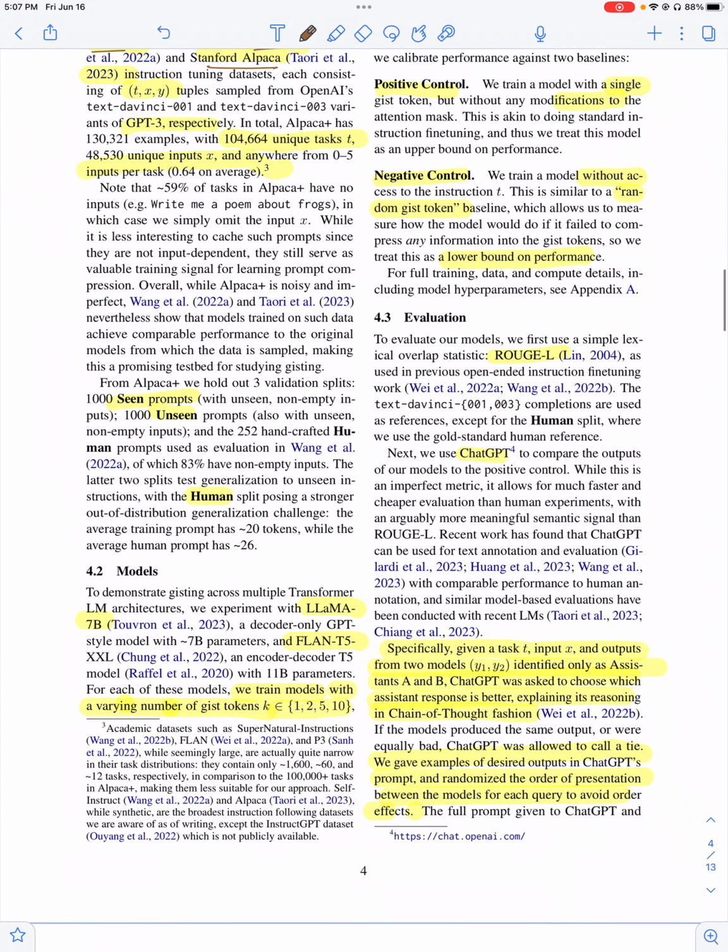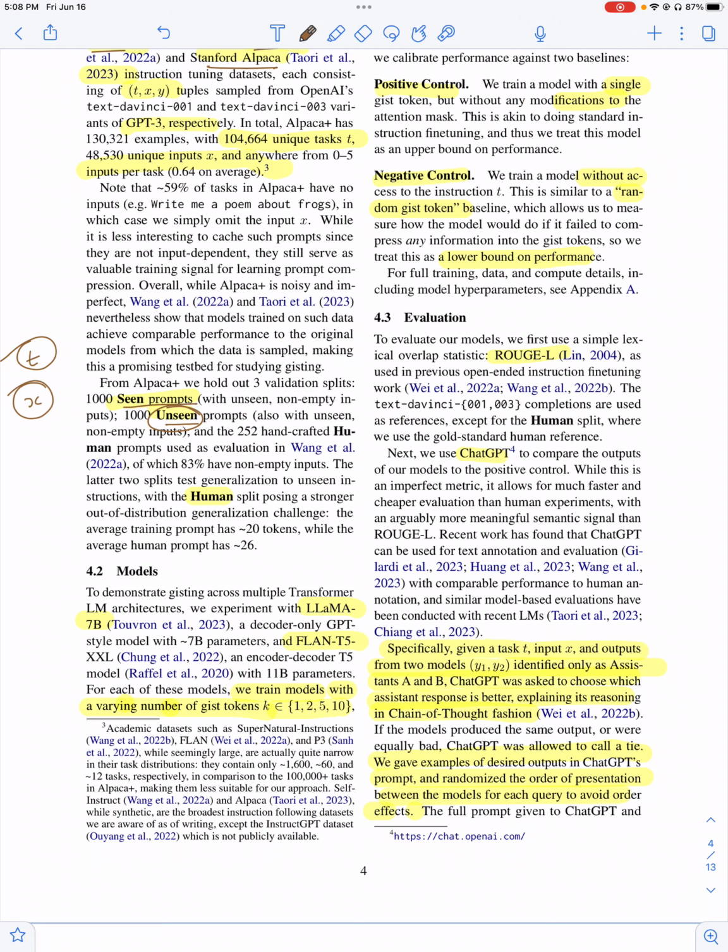So next, they run their experiments, and to evaluate these models, they evaluate on prompts where the prompts as such you could have seen during the instruction training, but the inputs could be new, right? So those are called the seen prompts. And in the unseen prompts, you have instructions or tasks which are not seen by the model during training.